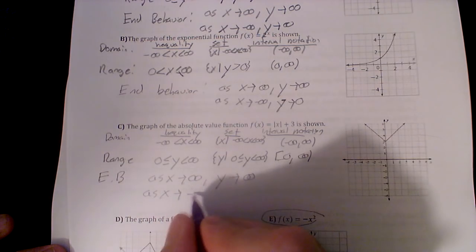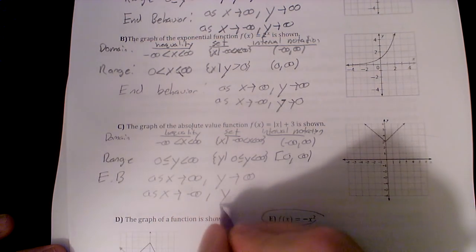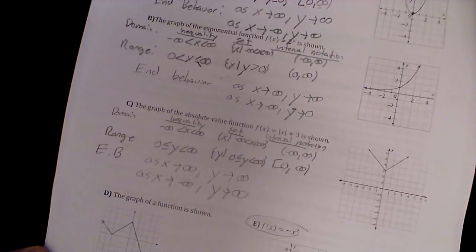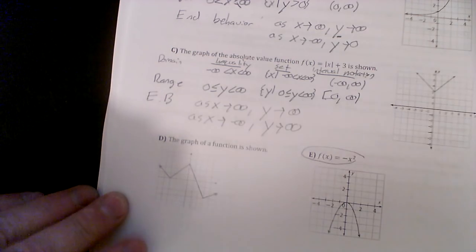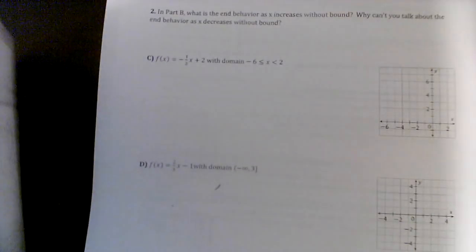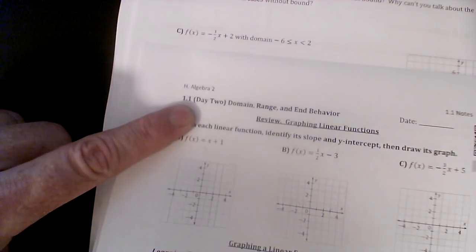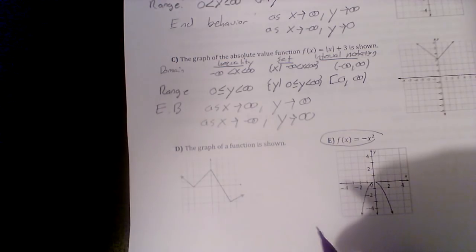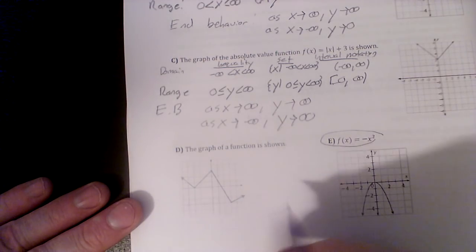And I'm going to say as x goes down to negative infinity, y goes up to positive infinity. And I'm going to do one more. Leave you to yourself, and if you'll notice, page 4 starts day 2. So we're getting through the first day of notes right now, and then we'll practice tomorrow in class. Here we go. Graph is shown.